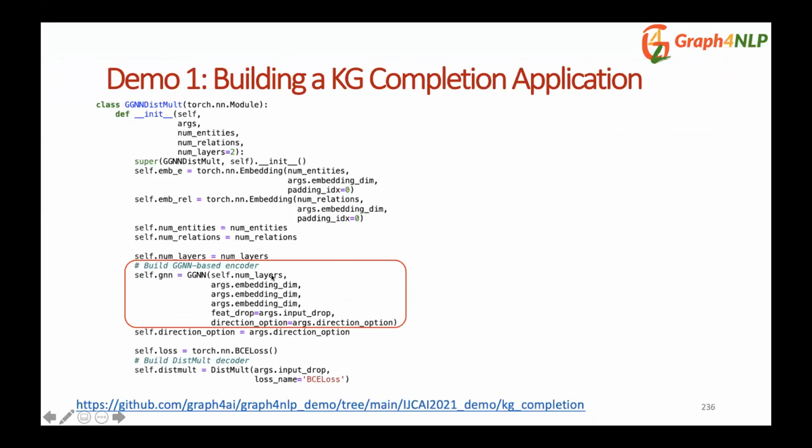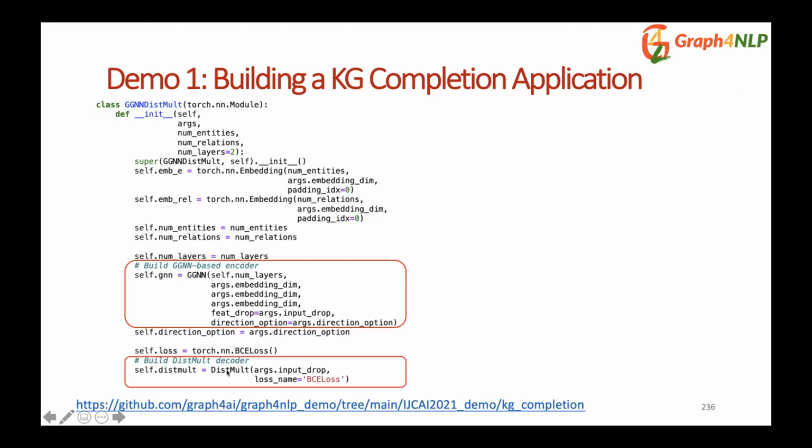Also, in our GNN implementations, we provide a direction option argument, which users can specify to choose whether to use a bidirectional GNN or the unidirectional version. That's for the encoder part.